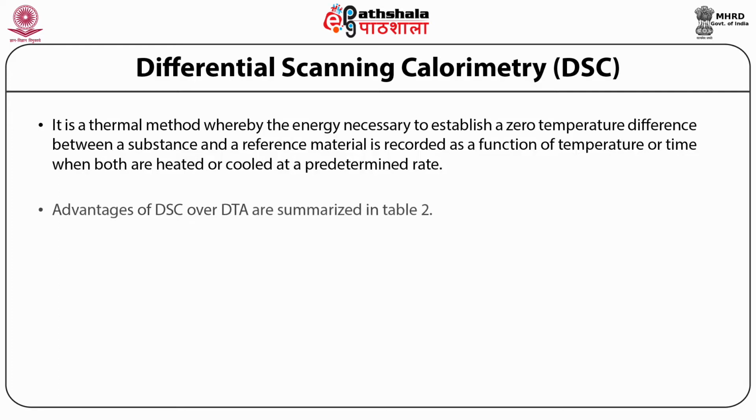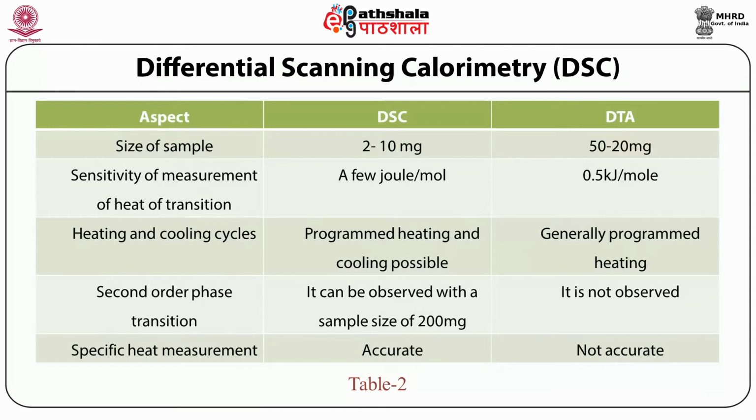The relative advantages of the DSC technique over DTA are summarized in Table 2. From Table 2, it is clear that we can take a smaller sample size in DSC in comparison to DTA.